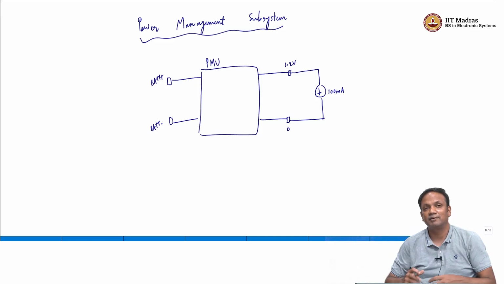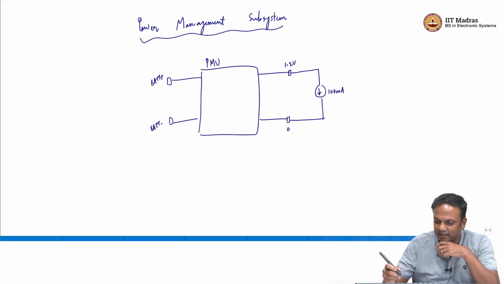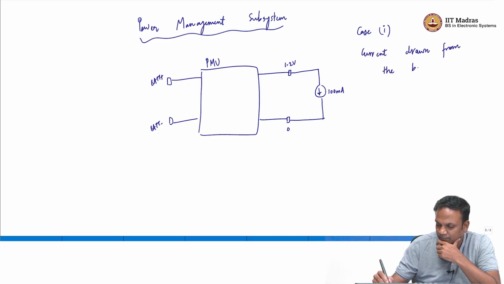Now, if I end up taking this current from the battery, right. So, let us say case 1, where the current drawn from the battery is also 100 milliamp.